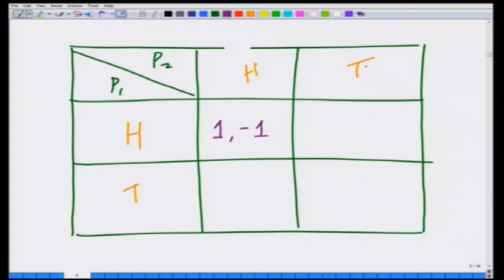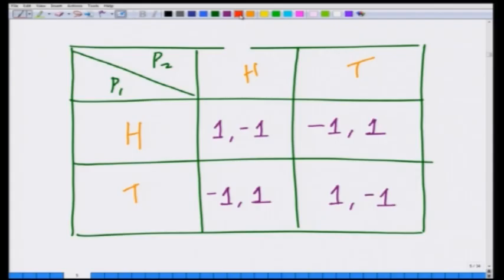If both show tails, then again P1 wins, in which case he gets 1 and P2 gets minus 1. On the other hand, if P1 shows heads and P2 shows tails, P2 wins, P1 has to pay 1 rupee to P2, so P1 gets minus 1 and P2 gets 1. If P1 shows tails and P2 shows heads, again P2 wins, in which case P1 gets minus 1 and P2 gets 1, right.